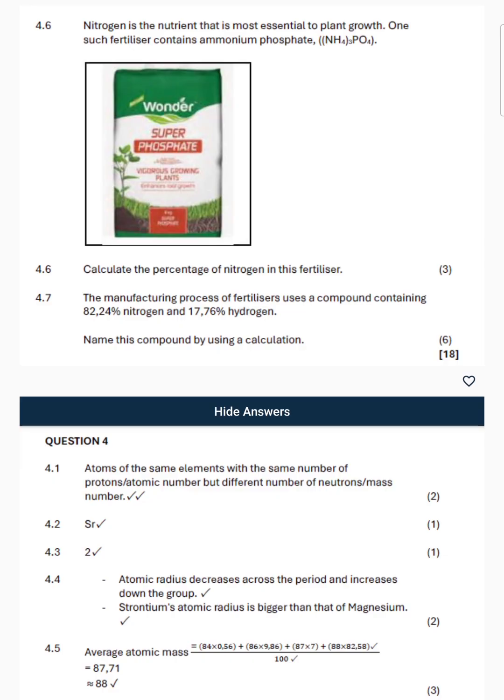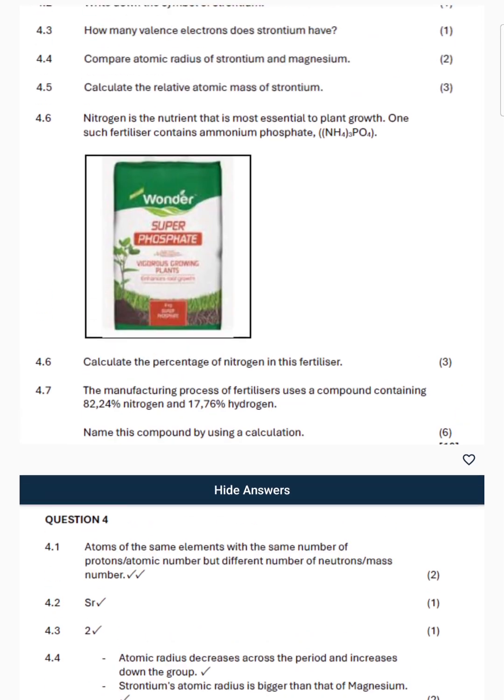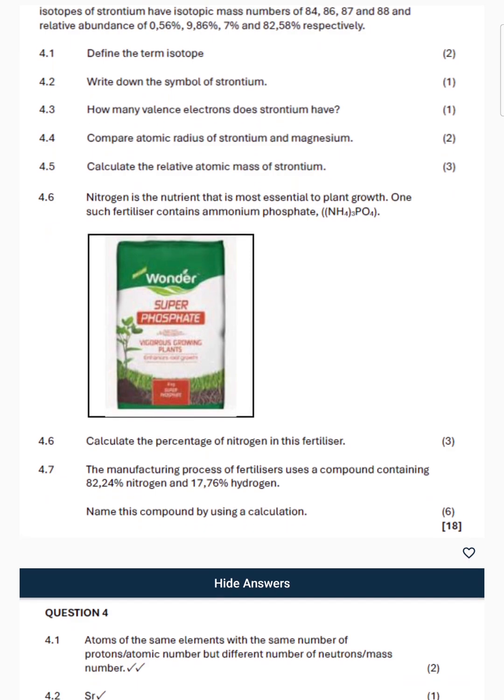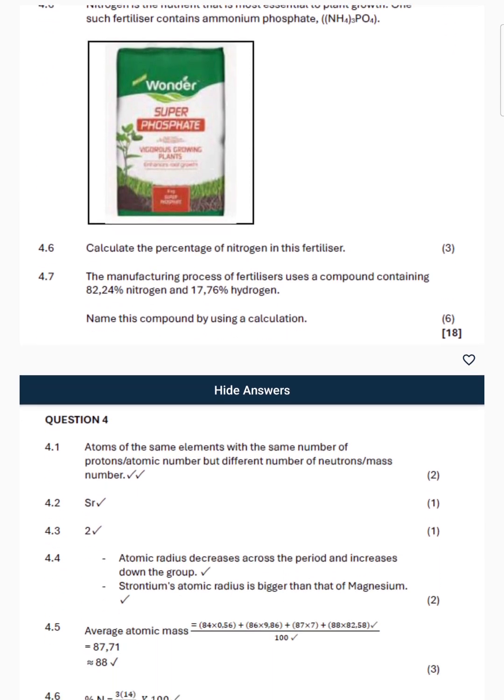I'm sure you still remember how to calculate this. This is counting 3 marks.